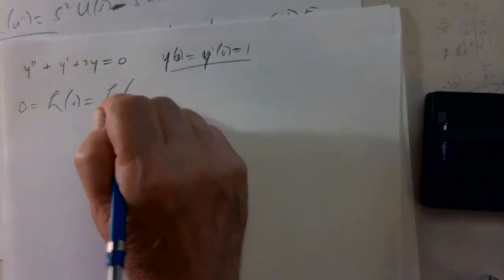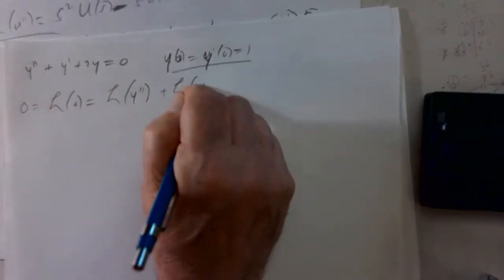So, take the Laplace transform. 0 is the Laplace transform of 0. That's the Laplace transform of y double prime plus y prime plus 2y.